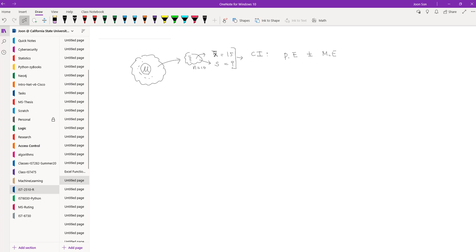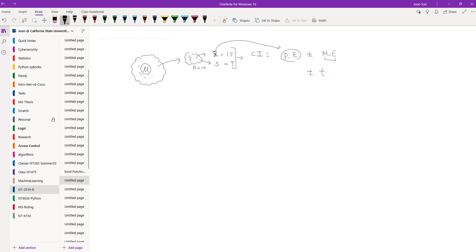To calculate the confidence interval, the point estimate is the sample mean, which is given. For the margin of error, you need to multiply by the t critical value from the t distribution.